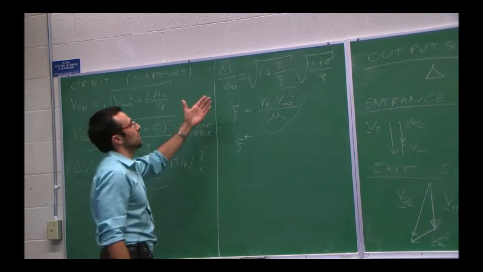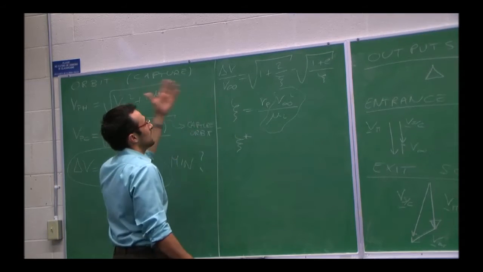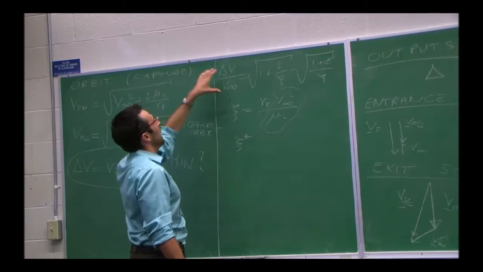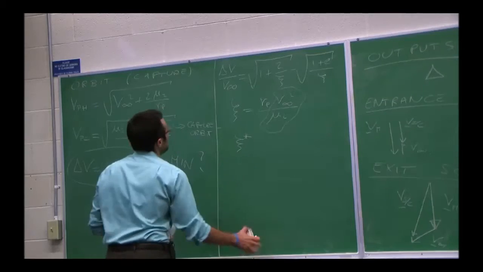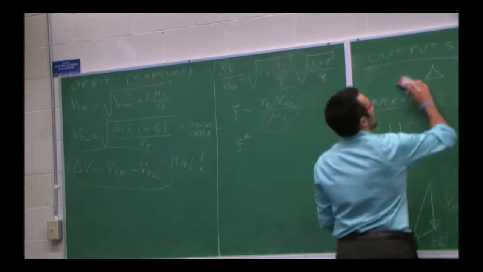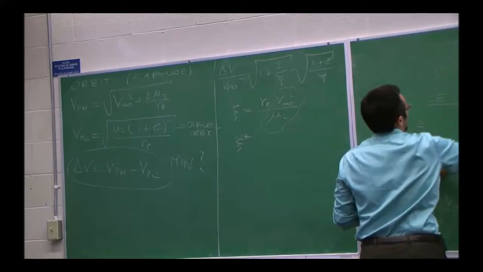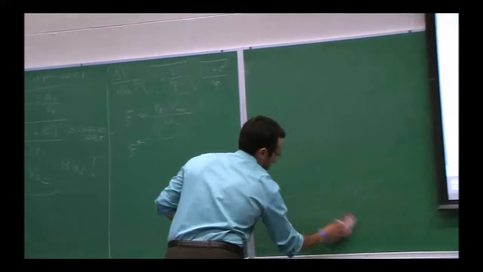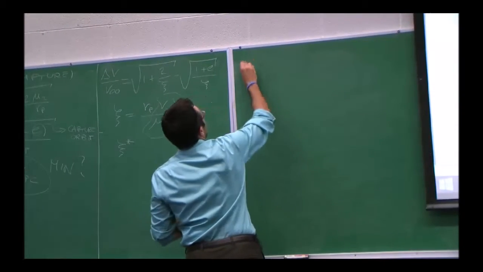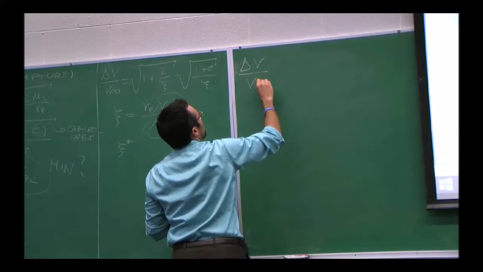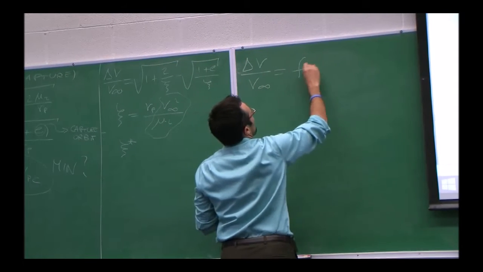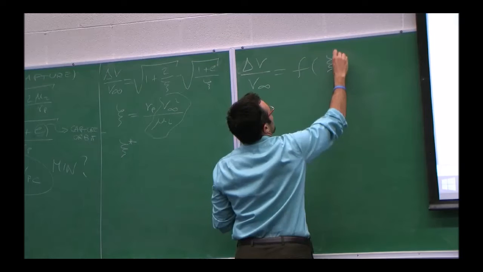If you wanted to do it, you can do it in MATLAB, you can do it by hand, I don't care. I'm giving you this expression here, delta V over V infinity, and it's just normalized. So it's a function of that epsilon. Basically I'm saying that delta V over V infinity is some function of epsilon.